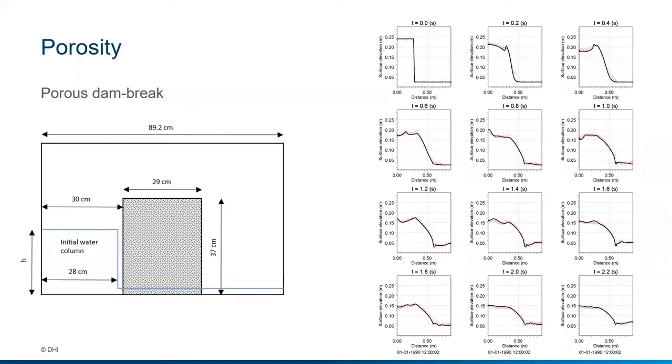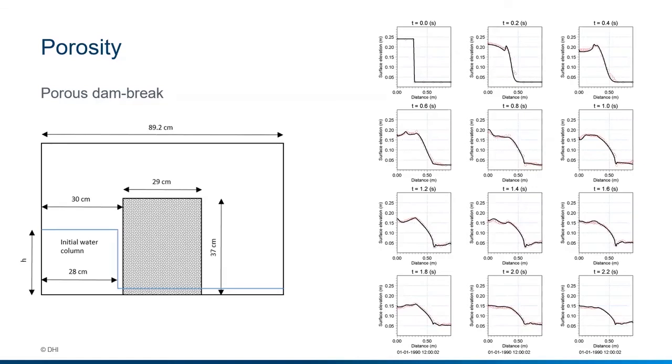If we look into the time series to our right, we see that initially there's a quite abrupt cut in the surface elevation. Of course, this is from the impermeable separator between the porous area and the initial water column.